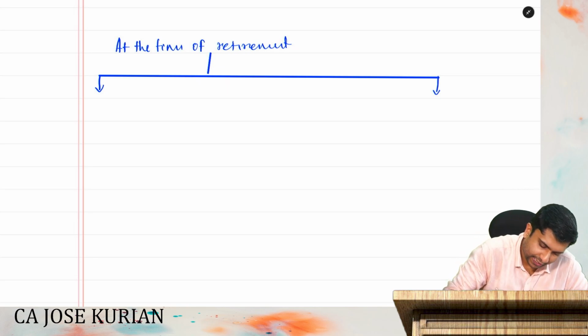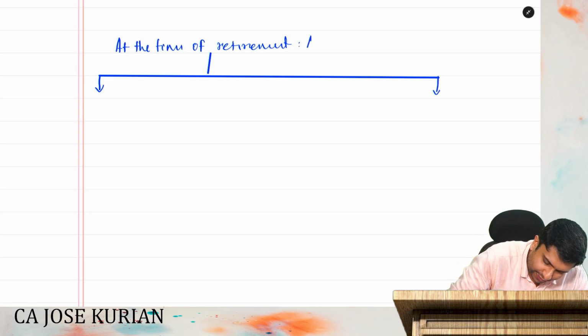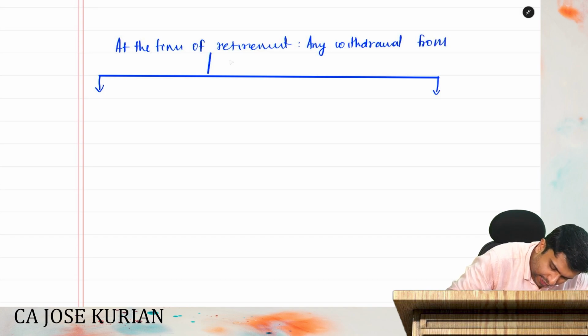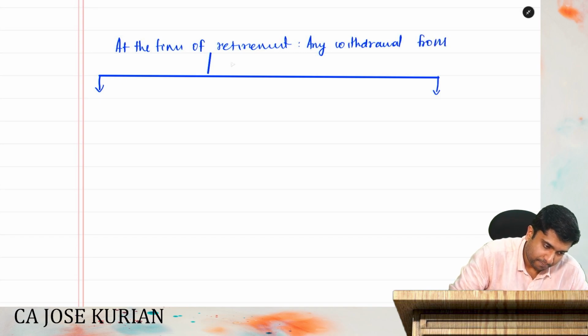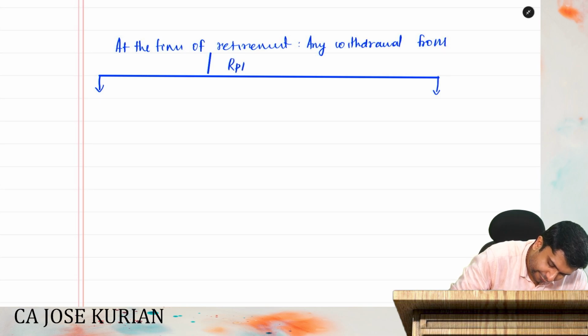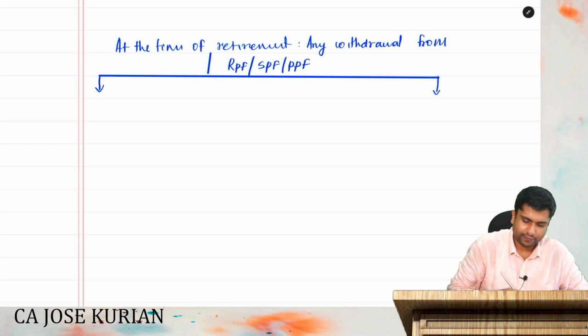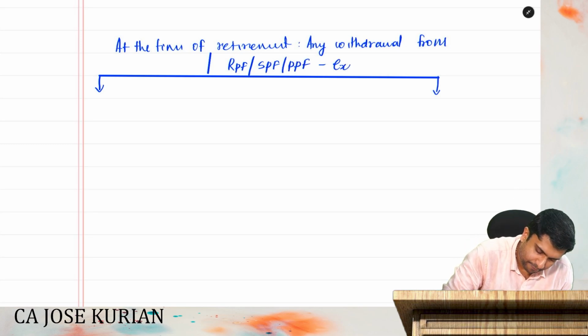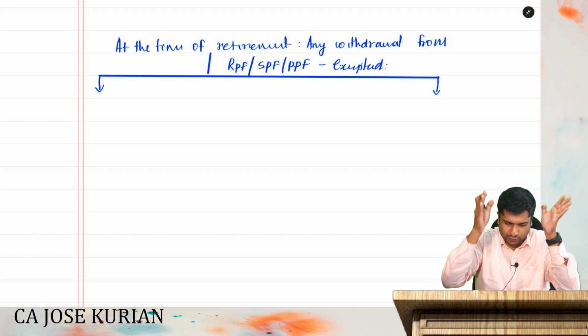At the time of retirement, we can write any withdrawal from RPF, SPF, PPF is exempted, and the exemption has been split into two.